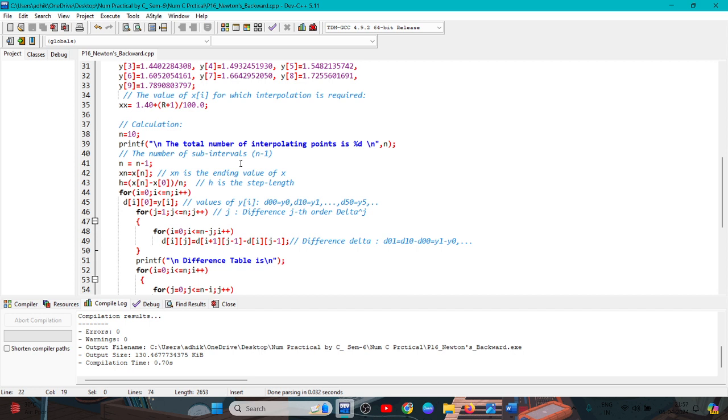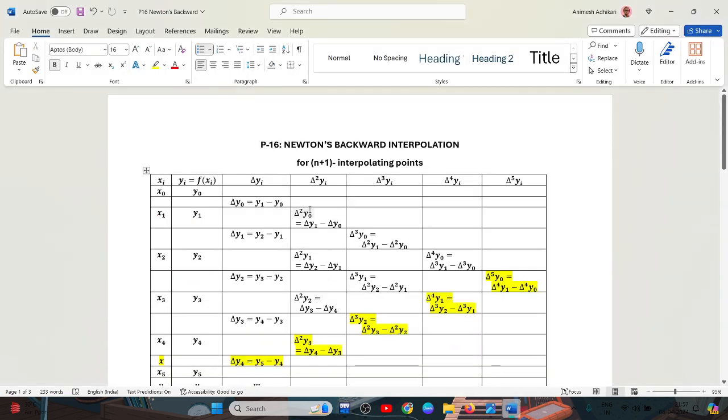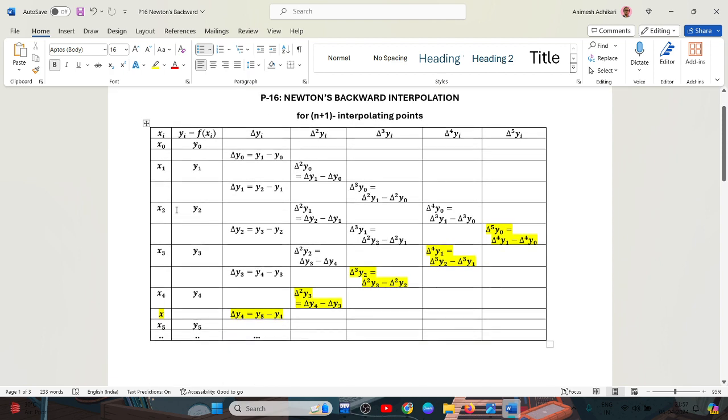This is the interpolating polynomial, Newton's backward interpolating polynomial p(x), and these are the n plus 1 nodes x0, x1, x2 up to xn, and the corresponding y0, y1, y2 up to yn, the values of f(xi) at these nodes, but the actual explicit expression of f(x) is unknown here.